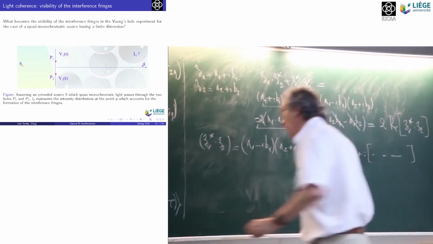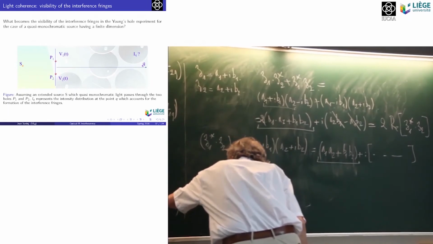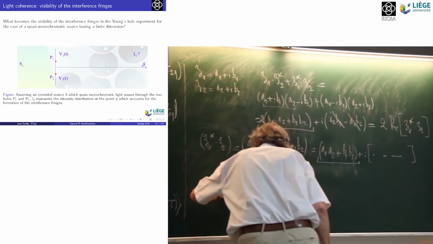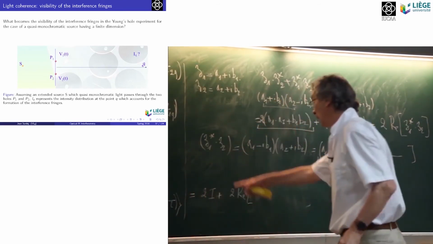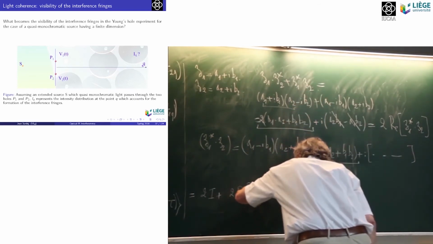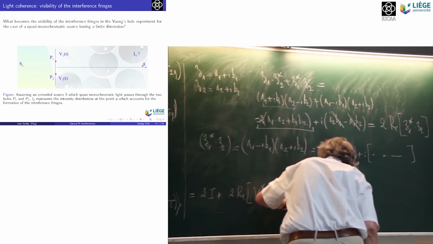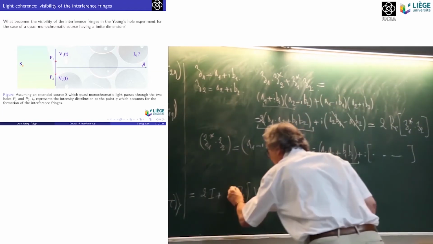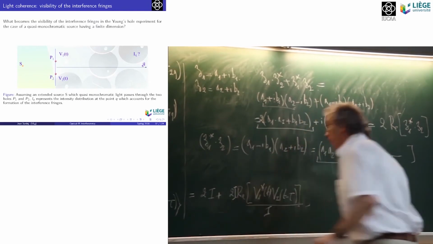So here, I may continue and say, okay, this is equal to 2i plus 2 times the real part of V1 conjugate complex multiplied by V2 at the time t minus tau, like this. And now, look, I multiply here by i, and I divide here by i.